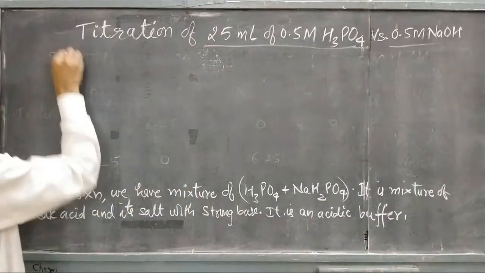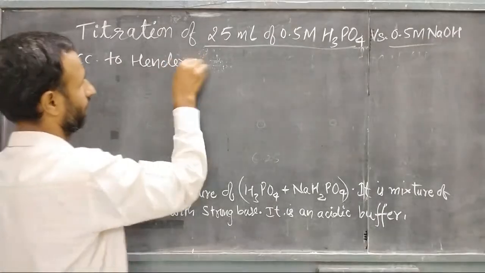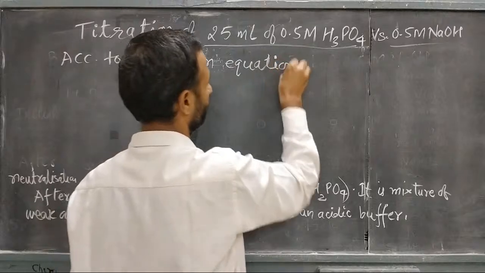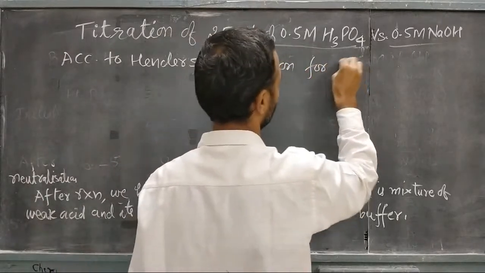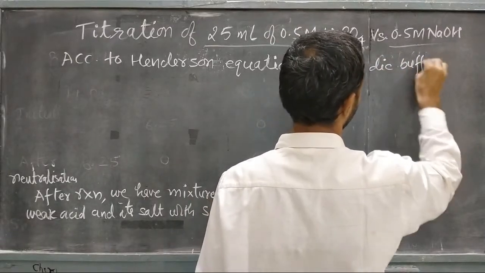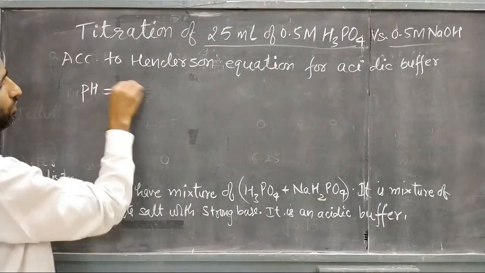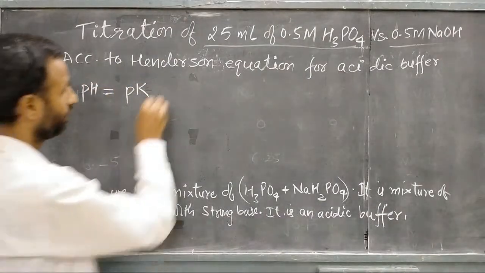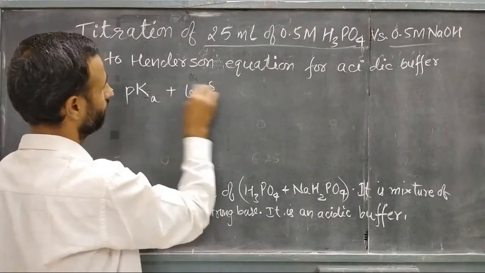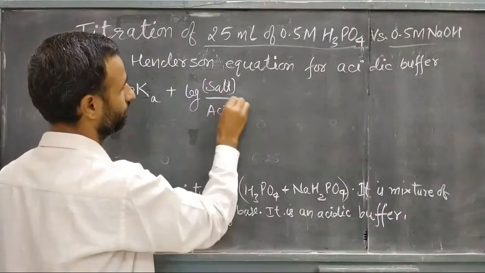So according to the Henderson equation for an acidic buffer, pH equals pKa plus log of salt over acid, right?